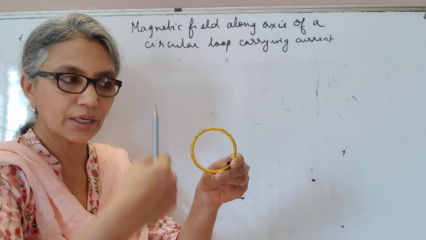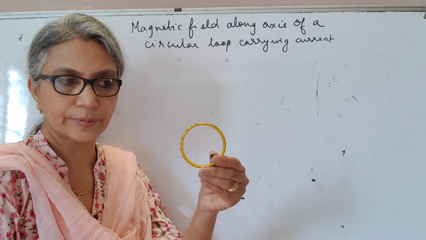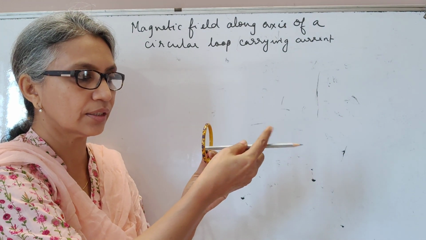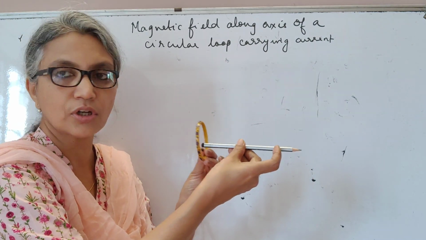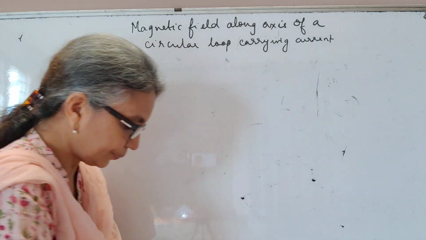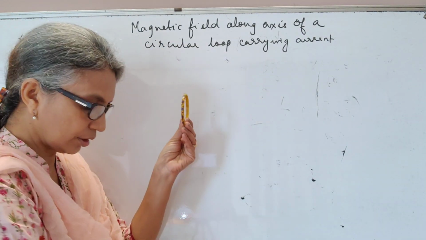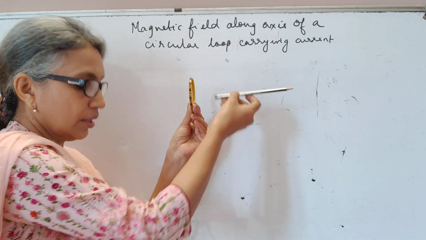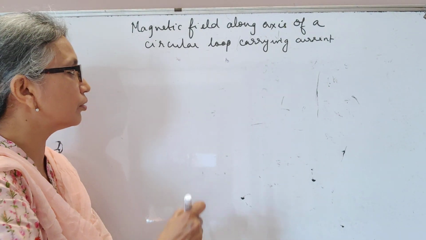So we are going to now pass current through this circular loop and then find out what will be the magnetic field because of that current carrying conductor at any point on the axis of this circular loop. So if I draw the diagram, what I'm trying to draw is a three-dimensional figure, and when I draw it on the board, it is going to look like this.